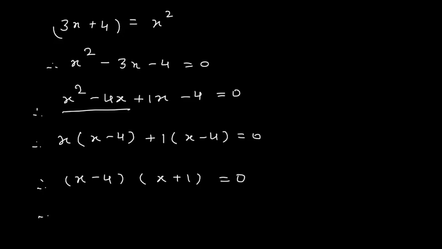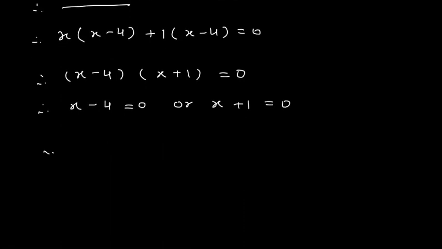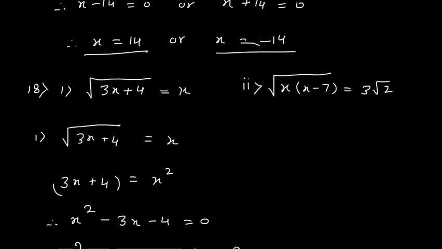This is equal to 0. So x minus 4 is 0 or x plus 1 is 0. So this will give me x is 4 or x is minus 1.